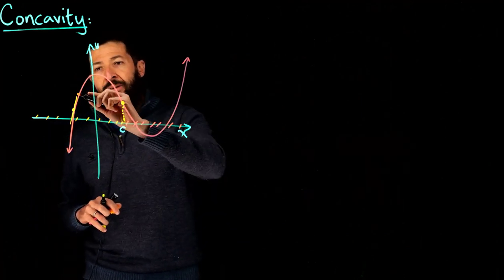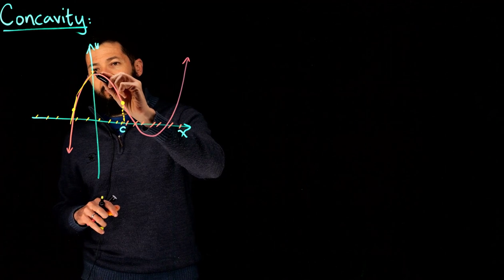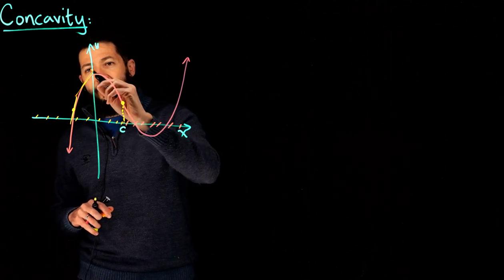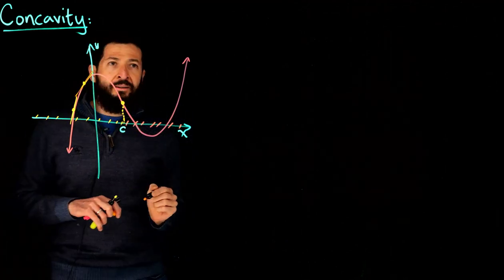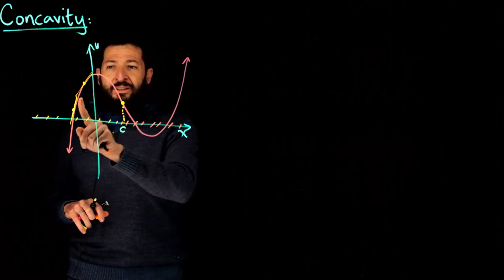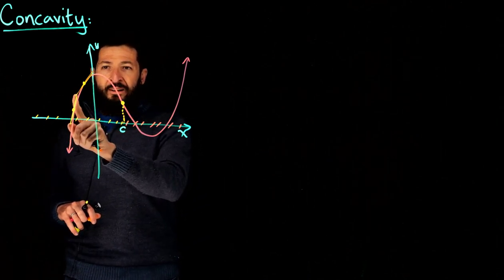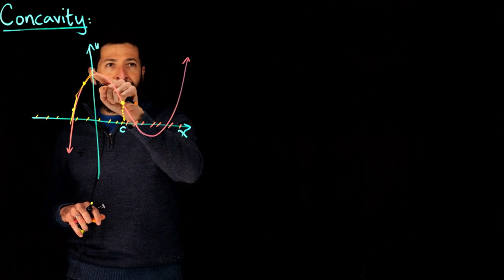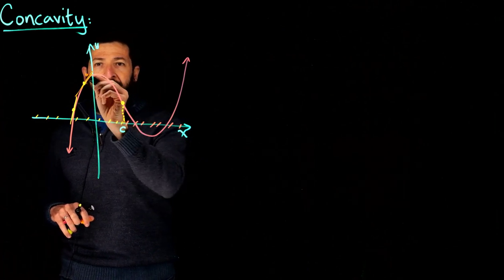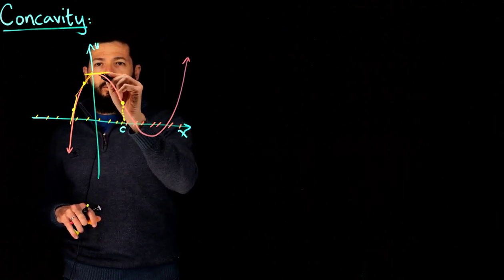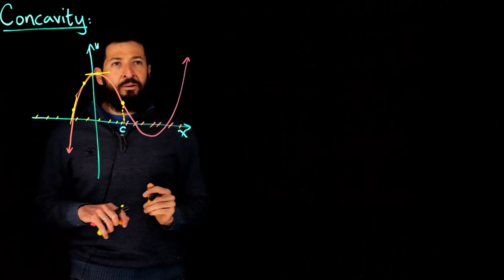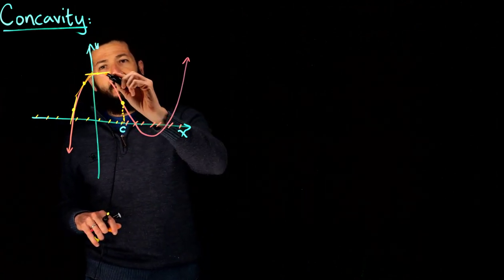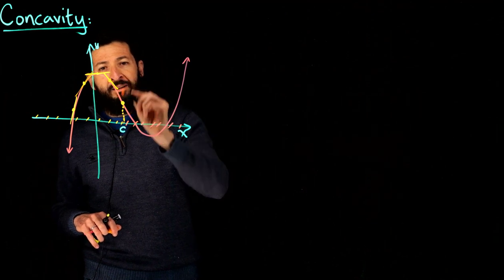Let's grab this one right here, and you see this slope is larger than this one here, right? And then here it becomes almost 0. At some point at the critical number it becomes 0, and it starts becoming negative.